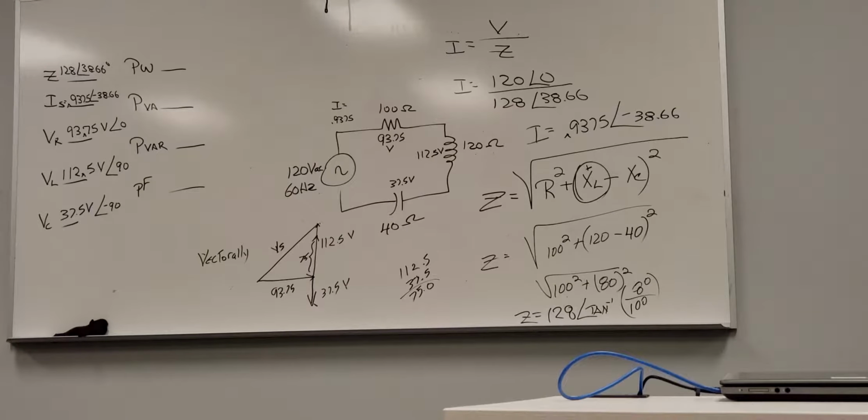Square root of 93.75 squared plus 112.5 squared equals 146. Screwed up somewhere.